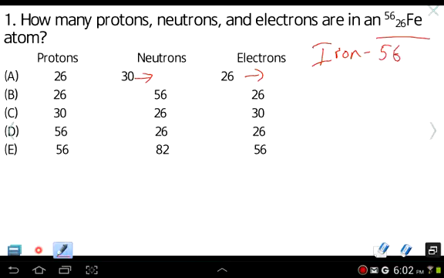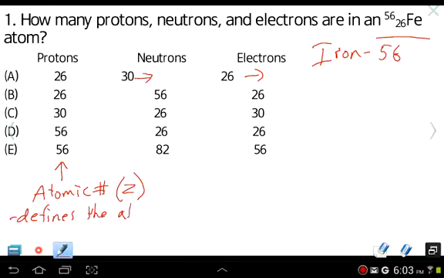Now recall that the number of protons determines the atomic number, or the type of atom you have. So protons is the atomic number, very often symbolized by Z, and it defines the atom or element.